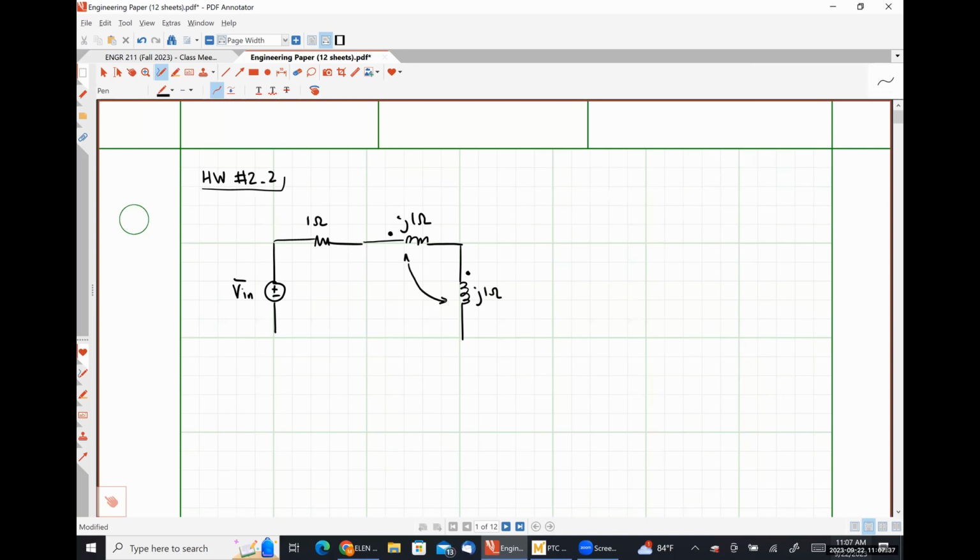These coils are coupled. Here's J omega M. There's I1. Minus J4 ohms. Here are our terminals for V out.